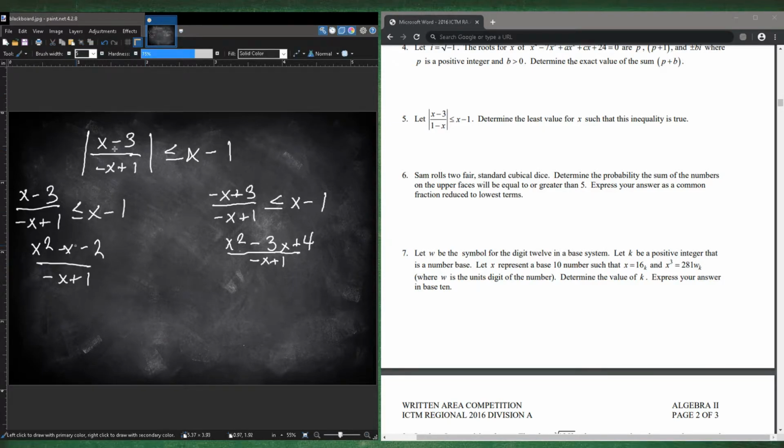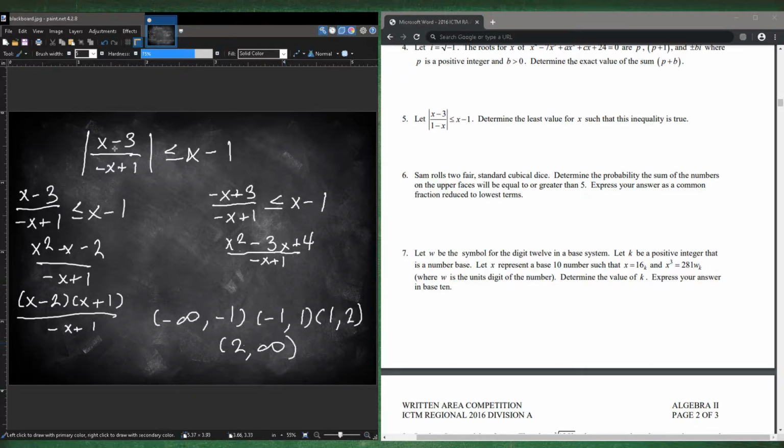So going back to the first one, this could be x minus 2 times x plus 1, all over negative x plus 1. So if you think about it, our restriction has been negative infinity to negative 1, and then from negative 1 to 1, and then 1 to 2, and then 2 to infinity. You need this to be less than or equal to 0.